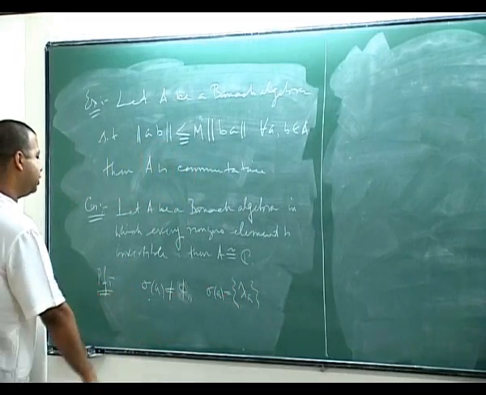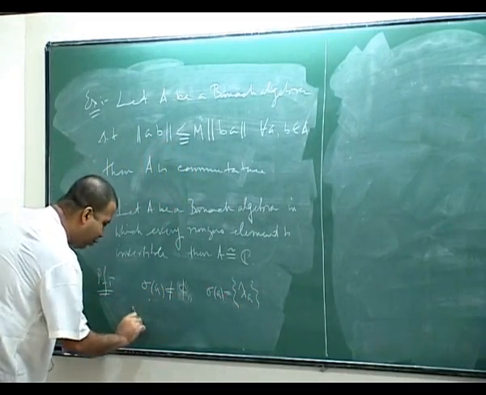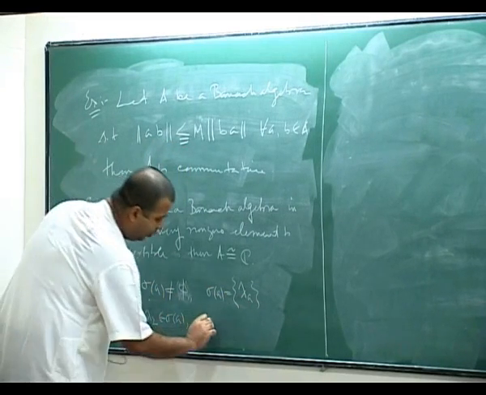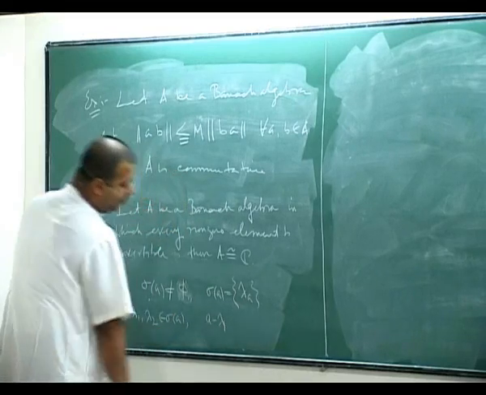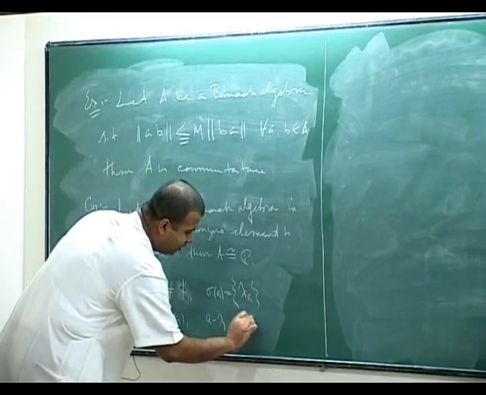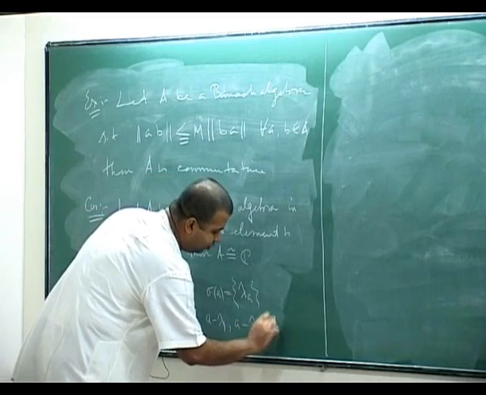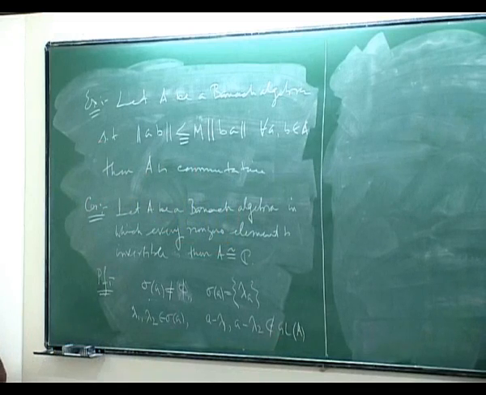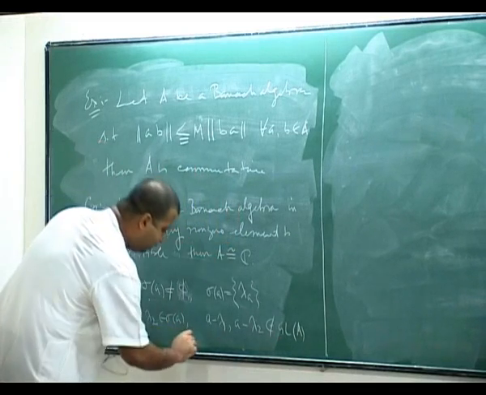So the spectrum will consist of only one point, because if there are 2 points lambda 1 and lambda 2 in the spectrum, then we know that A minus lambda 1 and A minus lambda 2 are both not invertible, but 0 is the only element which is not invertible.